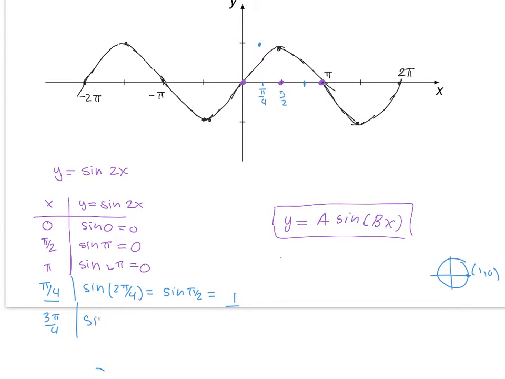So that's sine of 2 times 3 pi quarters, which is sine of 3 pi halves, and what's that going to give you? 3 pi halves is down here, right? -1.